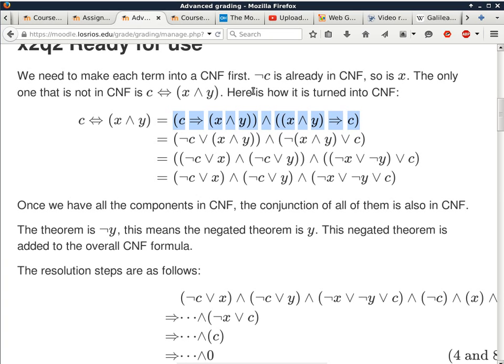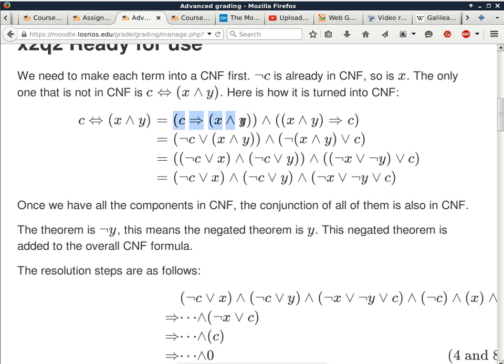So I break it up into two parts. And in each part, because of this conjunction here, I need to look at each part, turn that into CNF, turn that into CNF, and then the whole thing is going to be a CNF. That's kind of neat because there's exactly no interaction between the two parts.